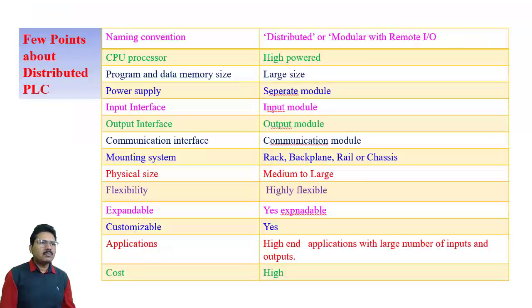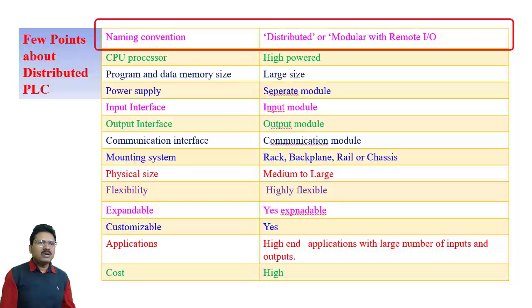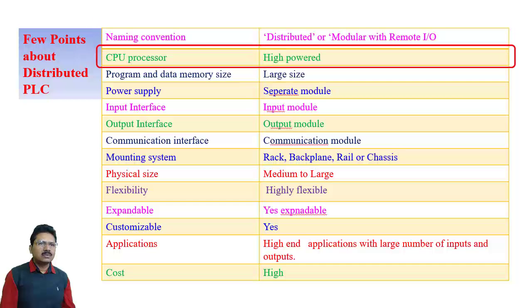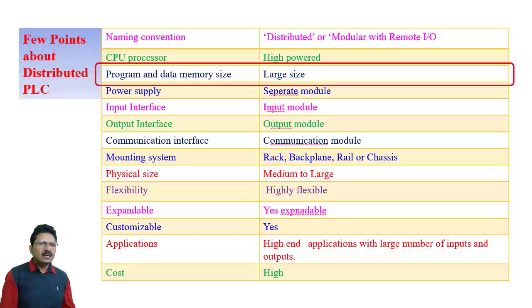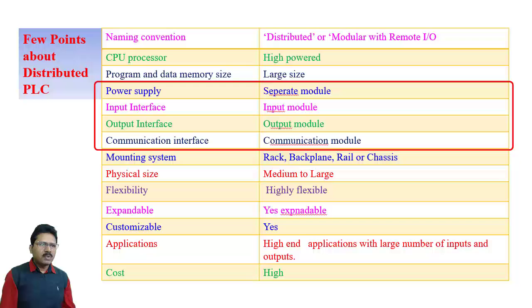A few points about distributed PLC. The naming convention is distributed or modular with remote I/O. Here high-powered CPU processors are there. The program and data memory size is very large. For the power supply, input interface, output interface and communication interface, all are separate modules.